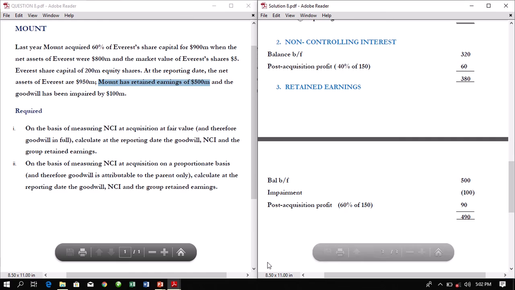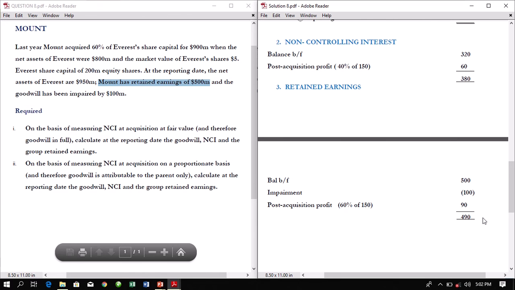That is why coming here, the entirety of the impairment is suffered only by the parent, and that is why I charge 100 to this place. So also they need to get part of the post-acquisition profit, and our post-acquisition profit is 60% of 150, giving us 90, and my retained earnings at the end of the day will be 490, which is easy and straight.